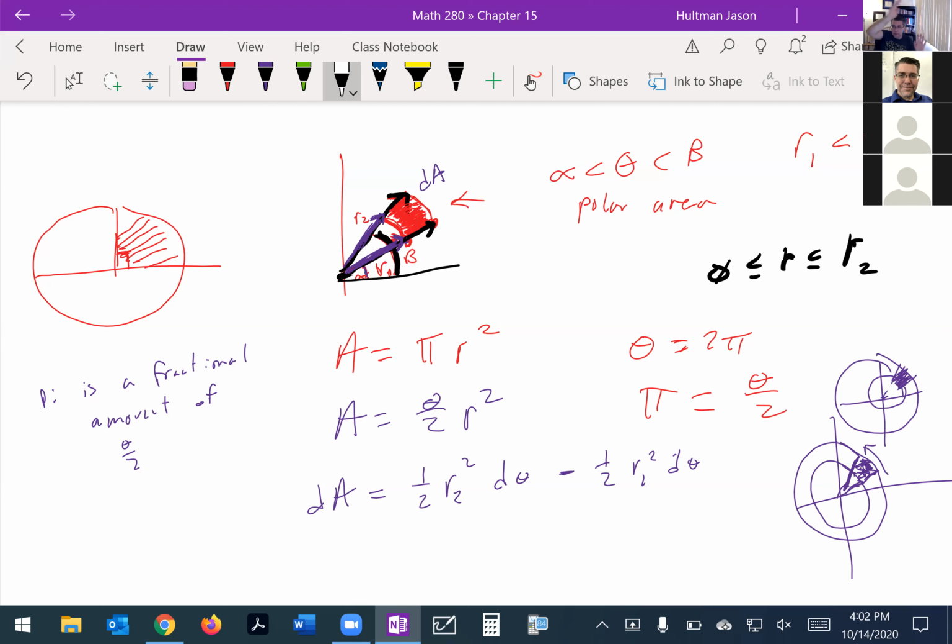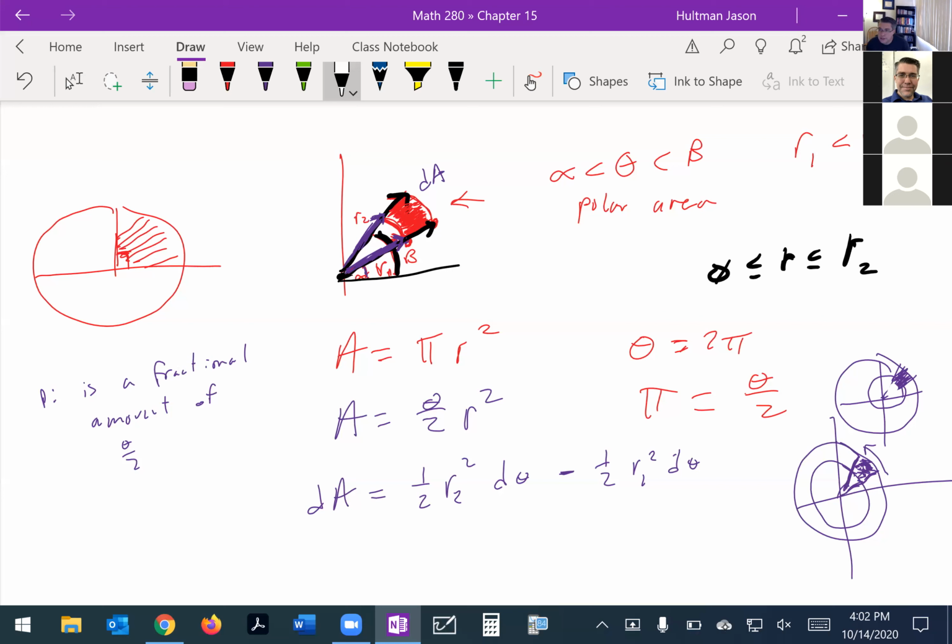The area is changing proportionally to how much the angle changes. That's really all you have to understand about this. As the angle changes, it's sweeping out more area on the outside circle, and then we subtract the area it's sweeping out on the inside circle, and we get this sector area.